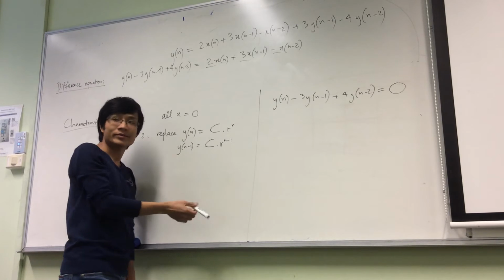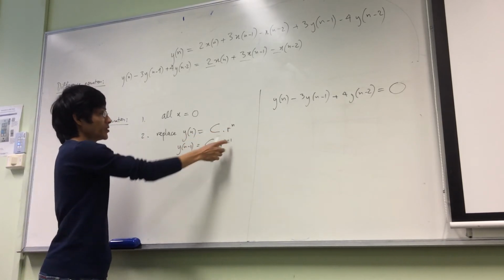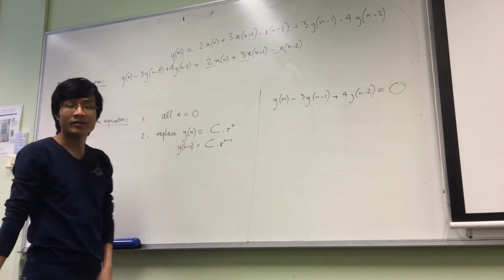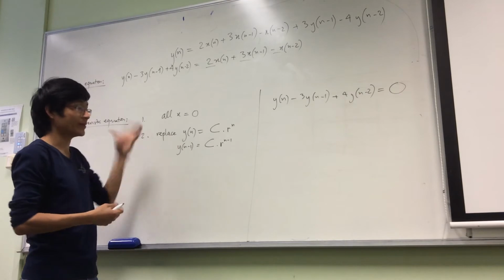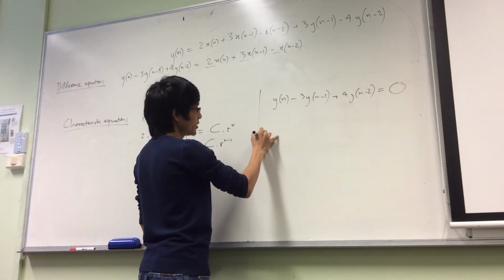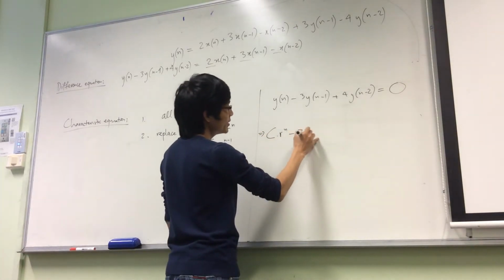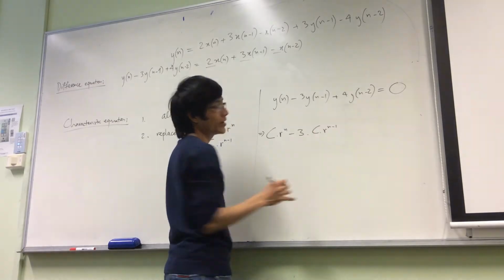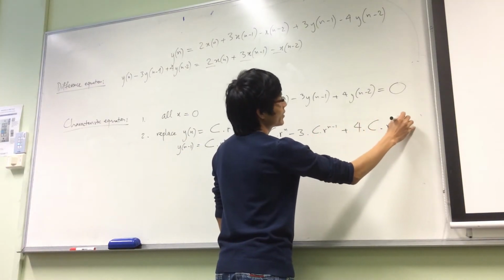We use it for all of the y terms, all of them. So y[n] becomes C r^n, this one will be 3 C r^(n minus 1), plus 4 C r^(n minus 2).